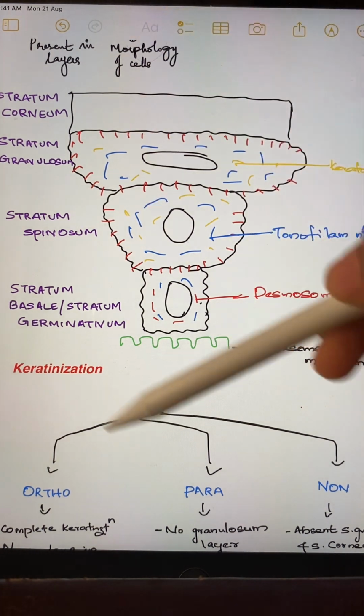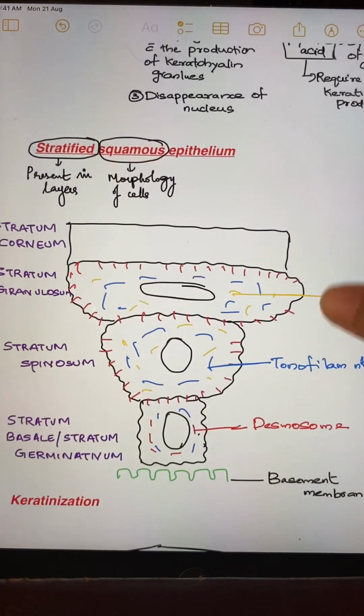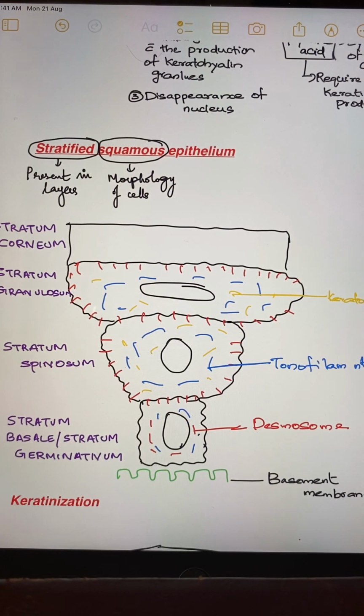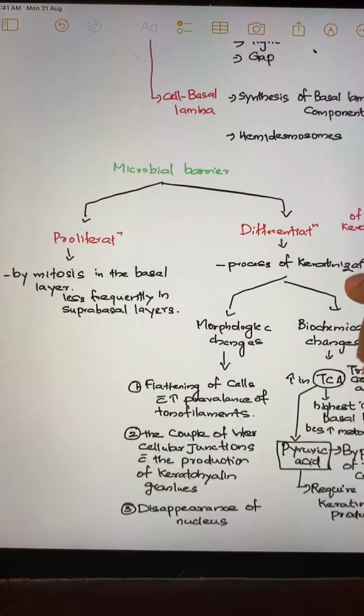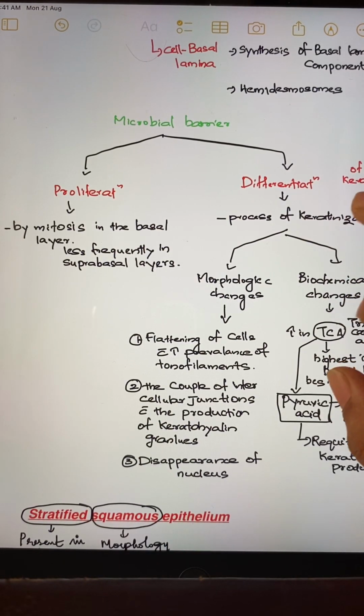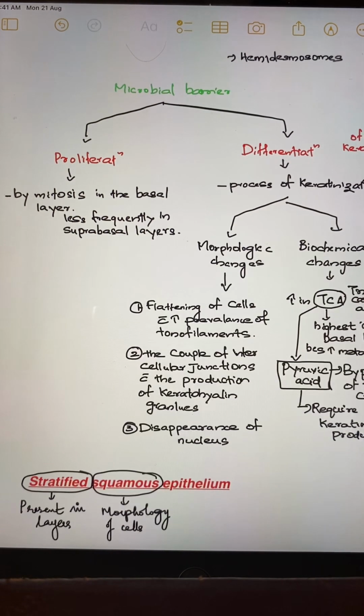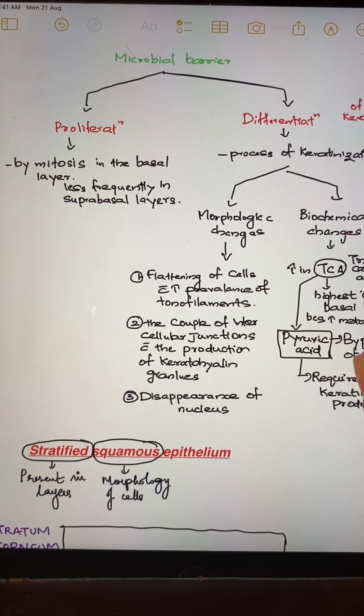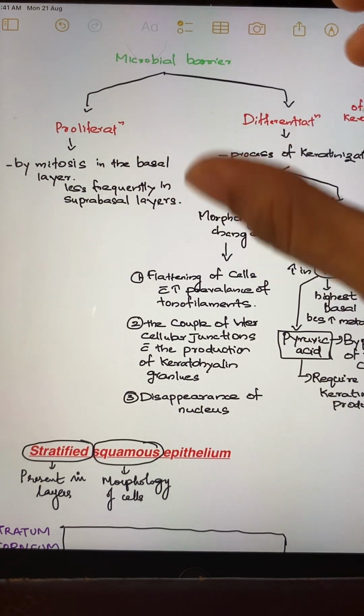So this is the process of overall stratified squamous epithelium. Certain things are happening: the proliferation and differentiation of keratinocytes. These two things are happening that we discussed now. Overall I discussed, but I will talk in a concise manner.